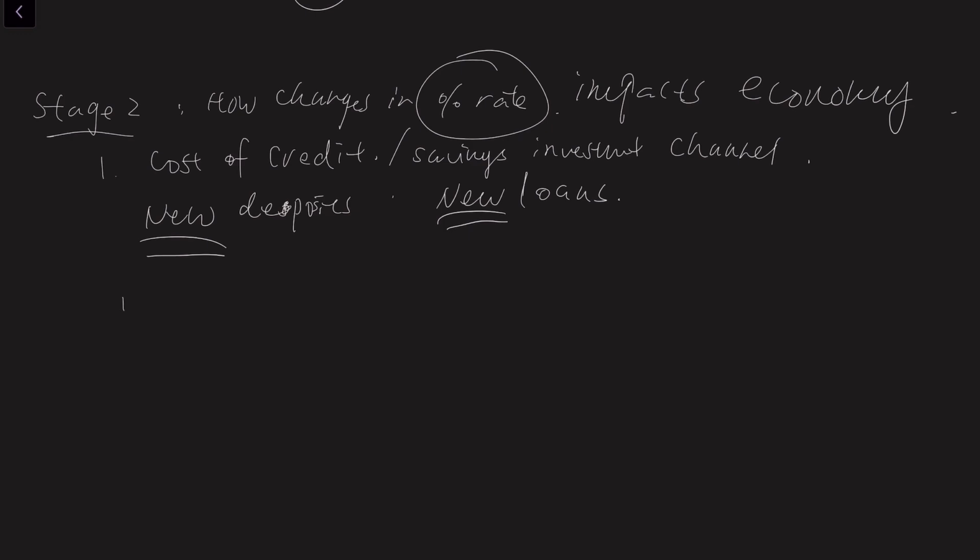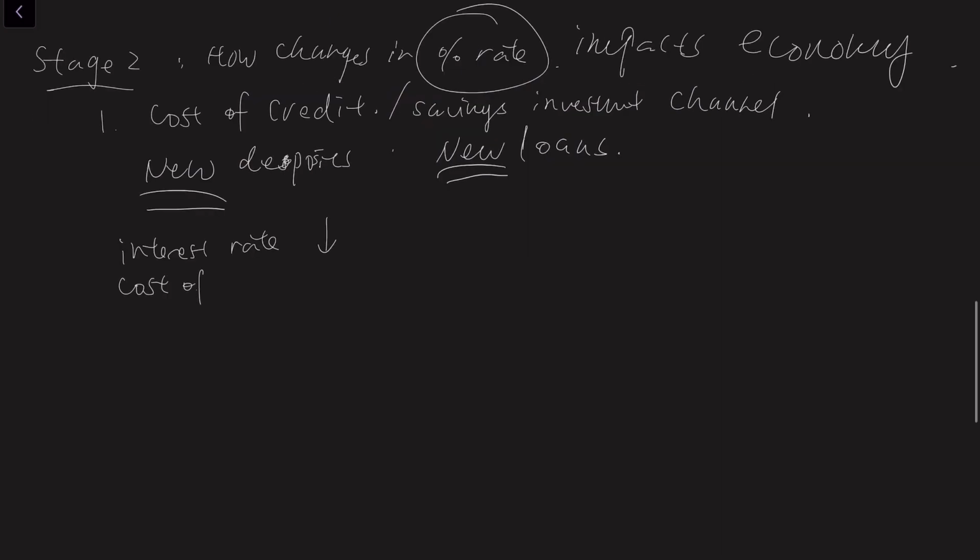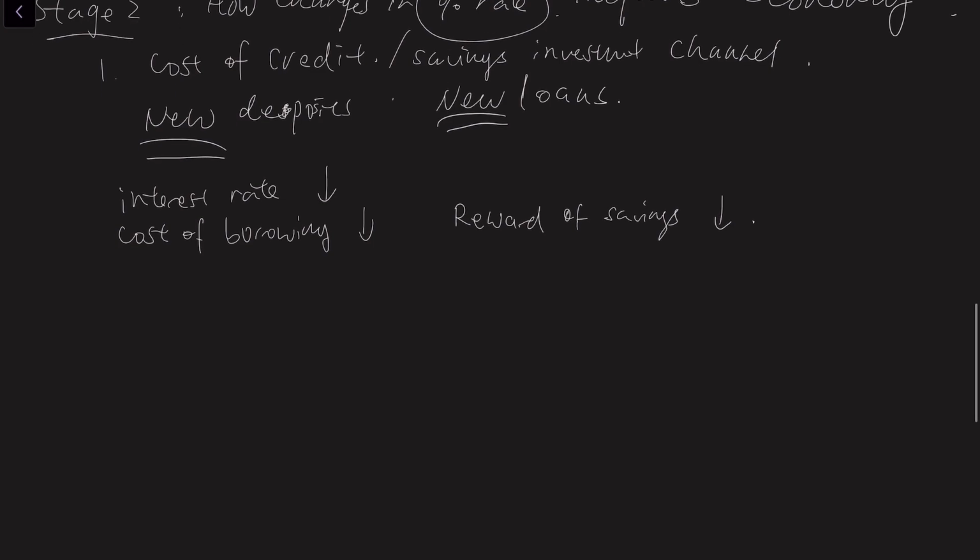So if the interest rate decreases, then the cost of borrowing decreases. The reward or interest on savings also decreases because the interest rate is lower. It's cheaper to borrow, but you don't get a high return on your savings account.